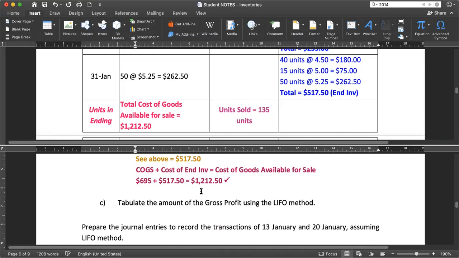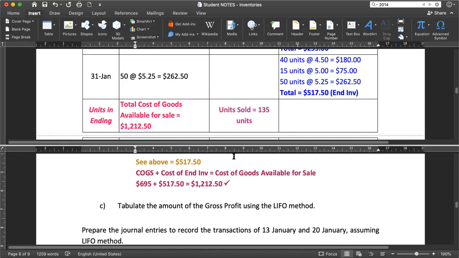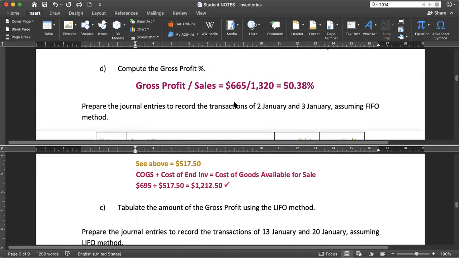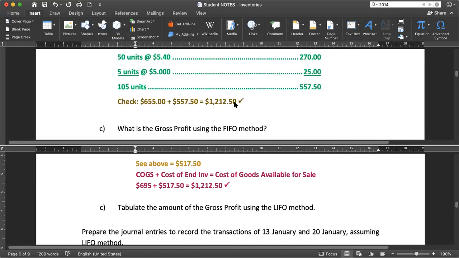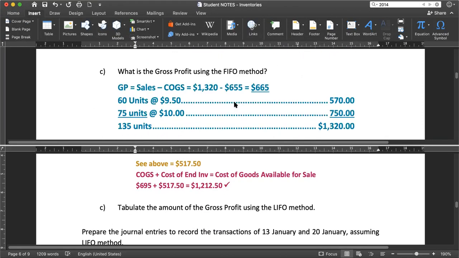All right, so what is the amount of gross profit using the LIFO method? Well, just to recall, I'm going to go back up here to when we were computing the sales, and the sales were $1,320. That doesn't really change.